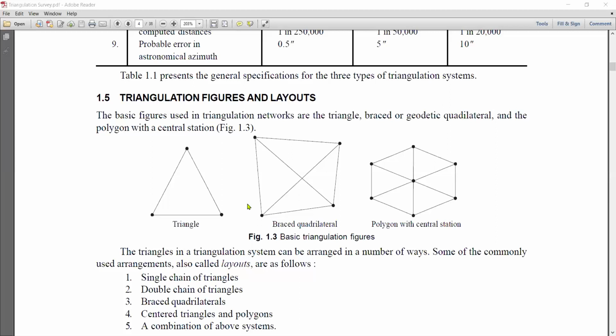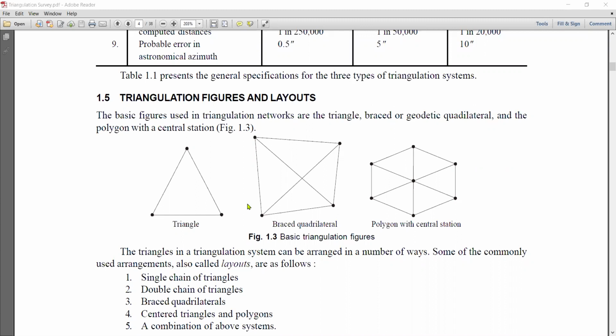Here, triangulation figures can be drawn with the help of different layouts. The basic figures used in triangulation networks are the triangle, the braced quadrilateral, which you can also call a geodetic quadrilateral, and the polygon with a central station. Observe that in a triangle there will be three station points at the corner points.